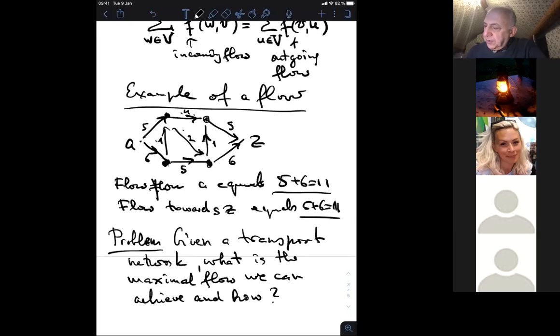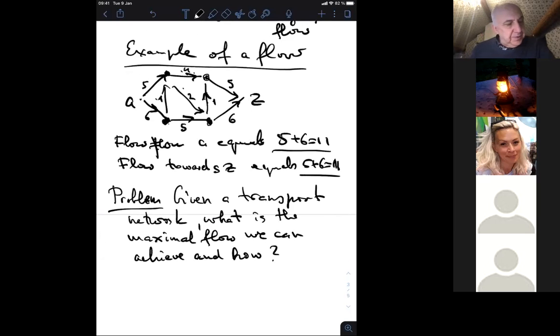I want to define formally what is the value of the flow.